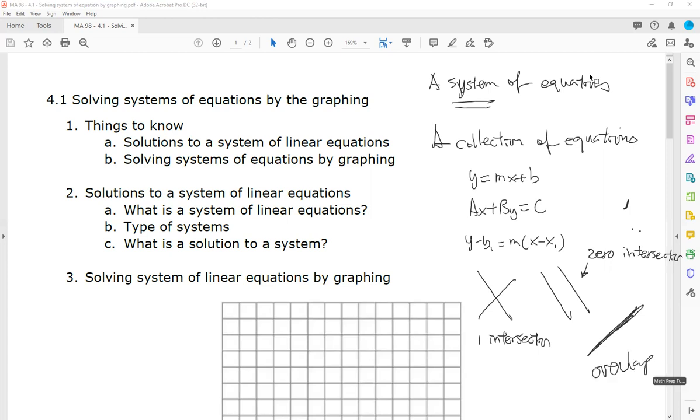Now, if you overlap, that means you have infinitely many intersections. Okay, so here are your three types.